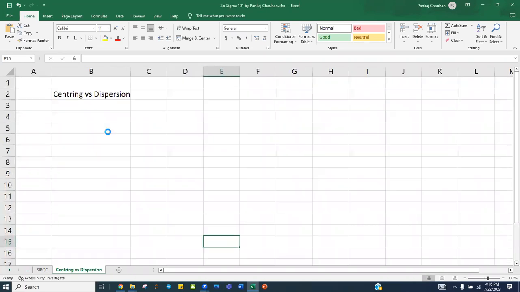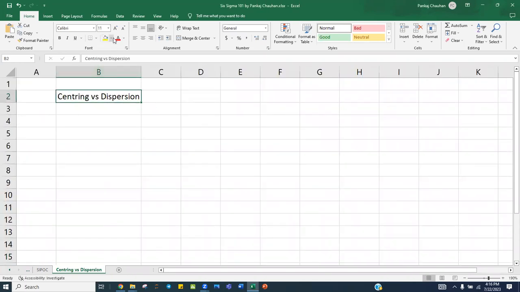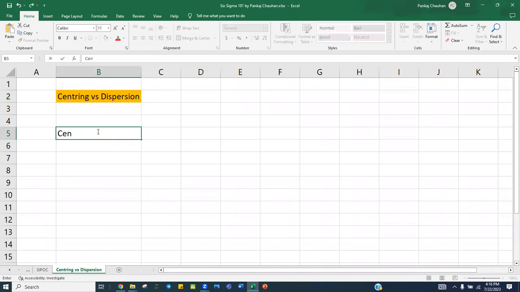In today's session, we are going to understand the difference between centering and dispersion, or centering and variation. Centering means where is the center of the data.